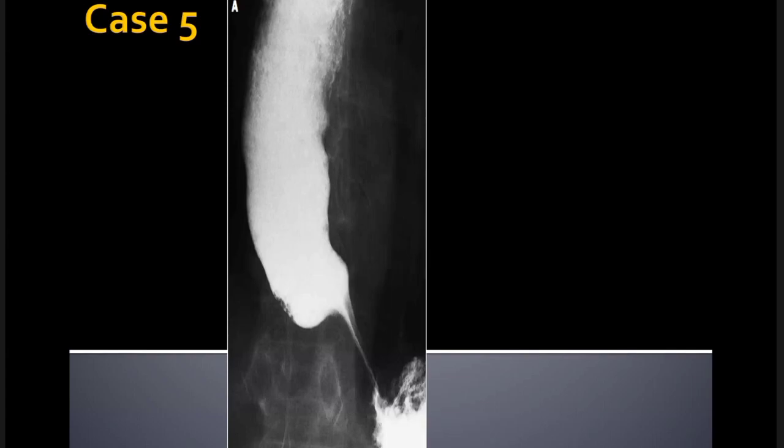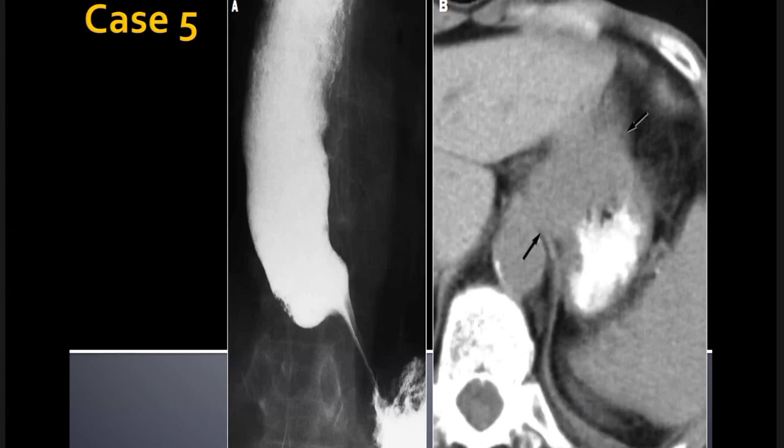You mentioned a CT scan. This patient in this case actually did have a CT. Do you want to comment on the CT? Yes. This is a CT scan of the abdomen at the level of the gastroesophageal junction without IV contrast, but oral contrast has been given.